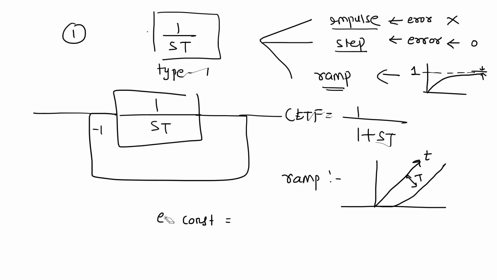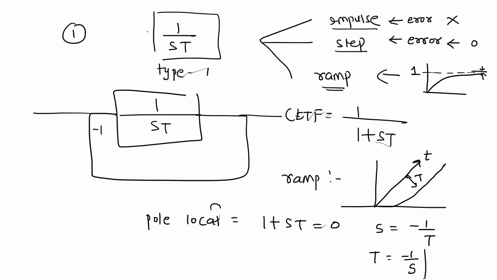Or what is the pole location? Make 1 plus ST equal to 0, so s equals minus 1 by T, right? So time constant is nothing but minus 1 by s.